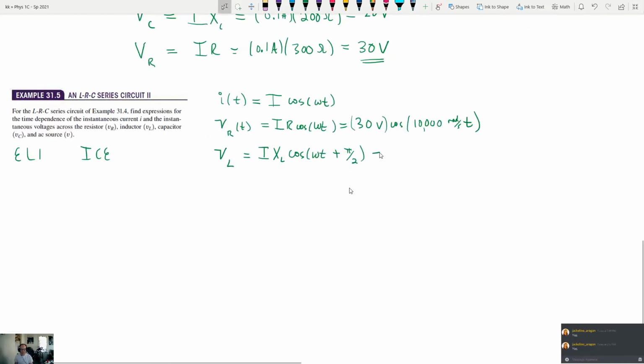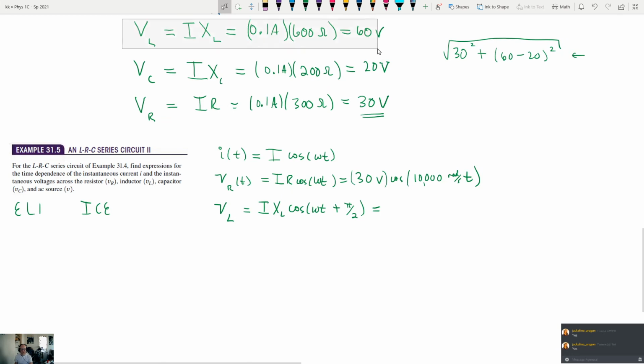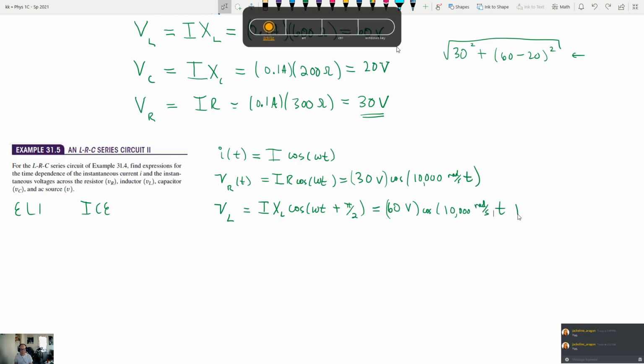And we can calculate what this is, because we know I XL was what we calculated right here. 60 volts. And we multiply that by the cosine of 10,000 t. Oh, whoops. Plus pi over 2.